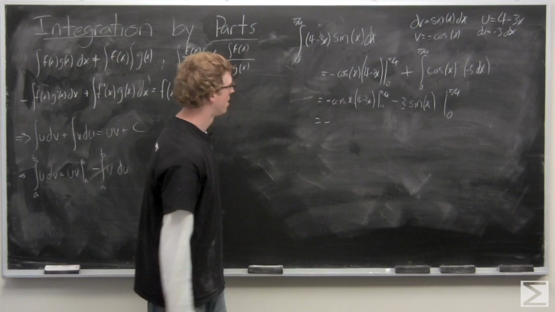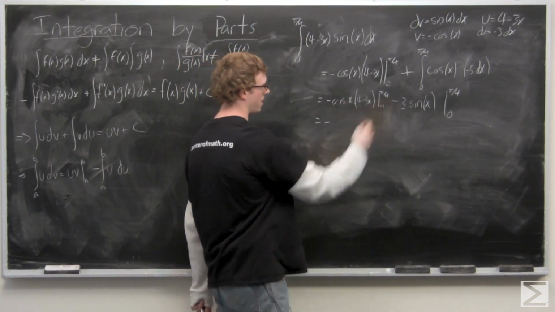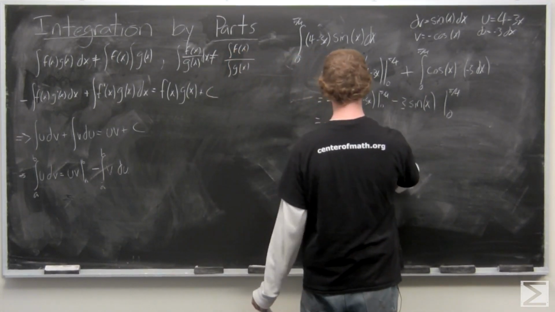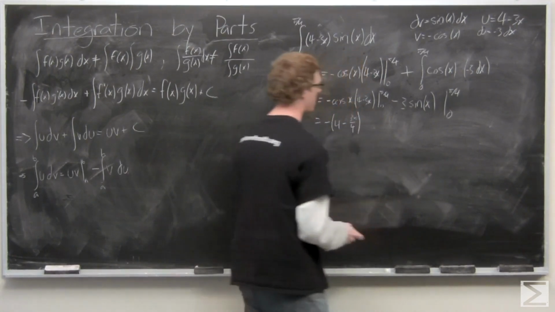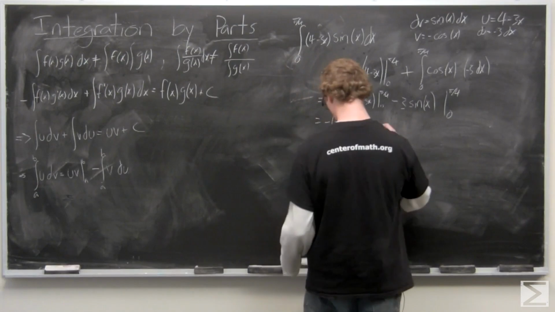So we have negative times 4 minus 3 times pi over 4, which is 4 minus 3 pi over 4, times the cosine of pi over 4, which is rad 2 over 2.